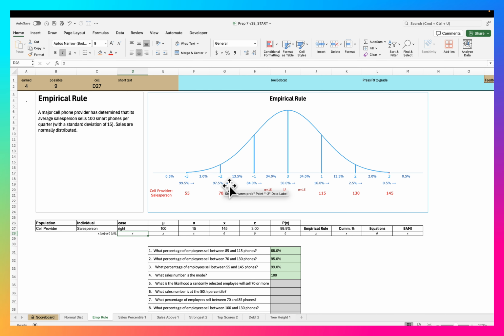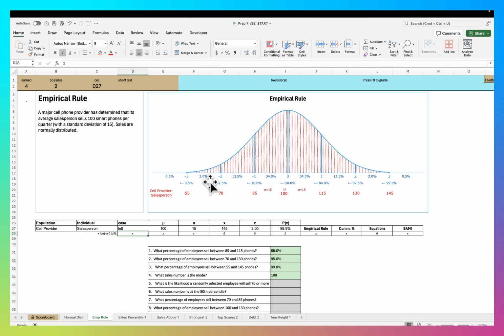I'll put it back to left in a second. But you can see 70 or more is going to be 97.5. Now, even if I left it at left, I could still get the 70 or more because there's 2.5% this way. 70 or more is everything this way, so the whole thing adds up to 100, so 100 minus the 2.5 is going to be 97.5.